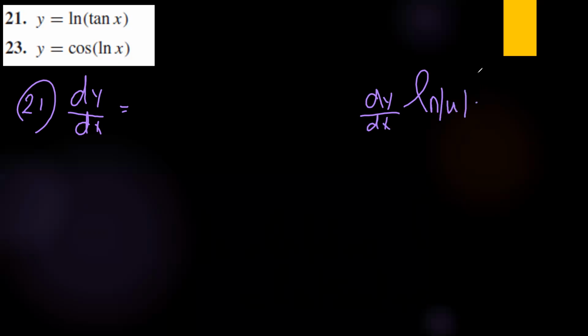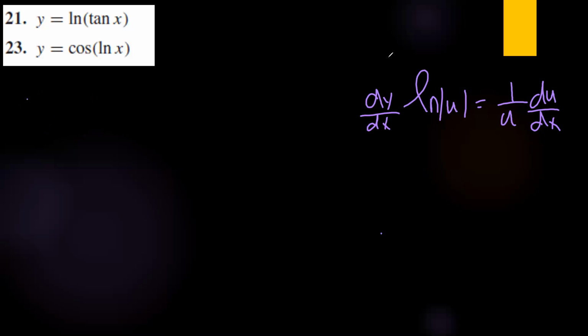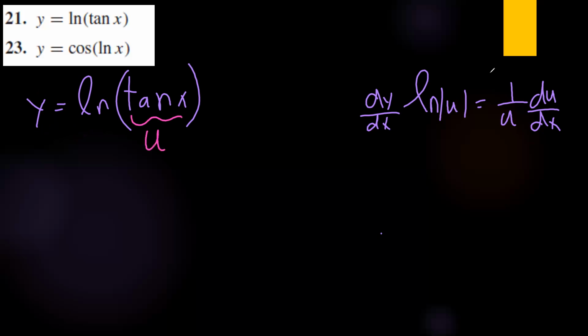Now let's remember, when I told you, when you want to find the derivative of ln u, you have to say it is 1 over u times du over dx. So here we have y equals ln tan x. Let's say I will just assume that tan is u. So if u is tan x, du over dx will be, what's the derivative of tan?